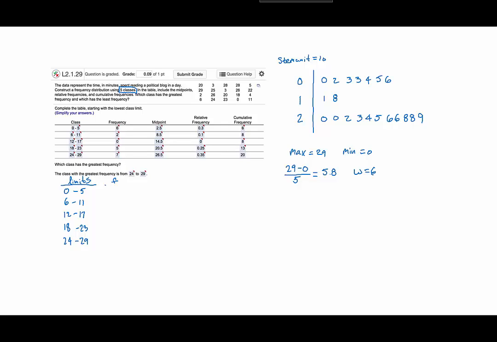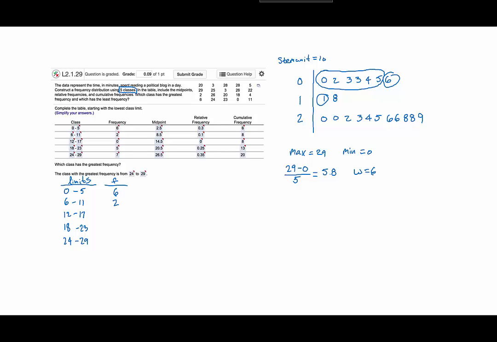The next thing that we might do is find the frequencies. The first class goes from 0 to 5. So looking at our stem and leaf display, we see that we have 6 values between 0 and 5. From 6 to 11, we have 2 values.